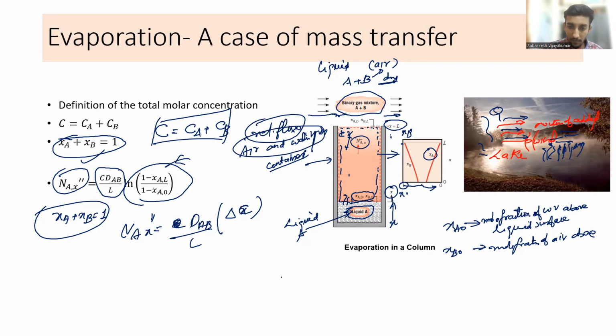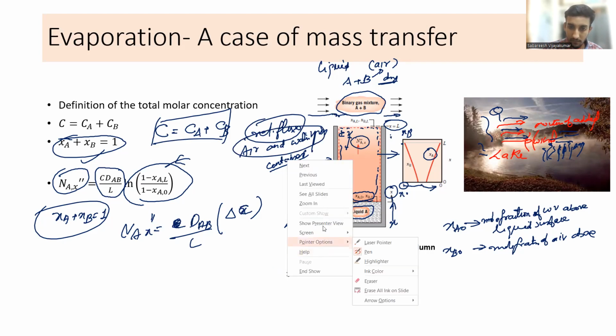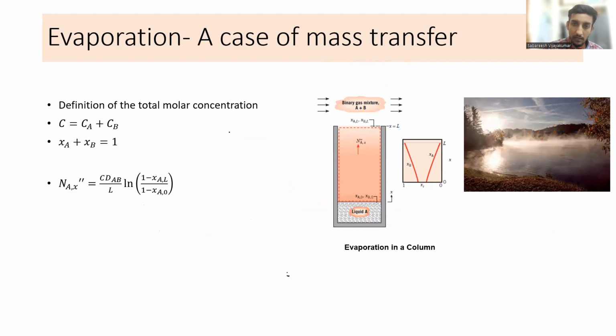So in the equilibrium condition, the fluxes should match. So the net NaX can be determined from that. You can refer to the diffusion term plus the convective part that will be there.